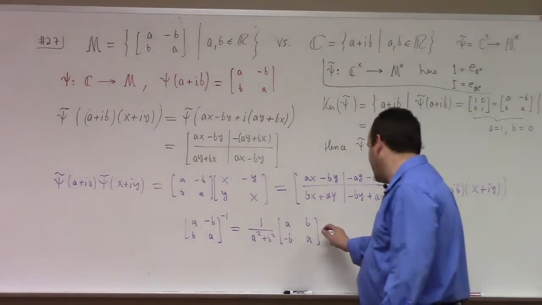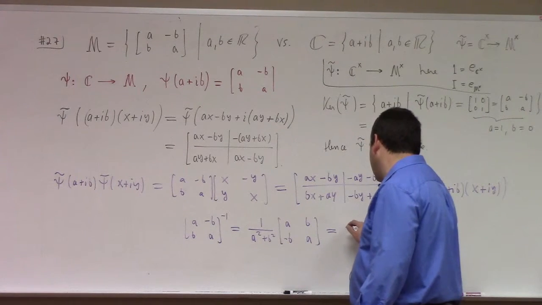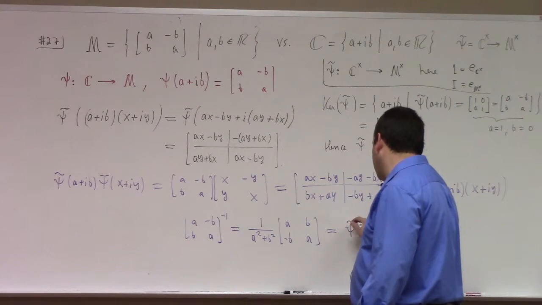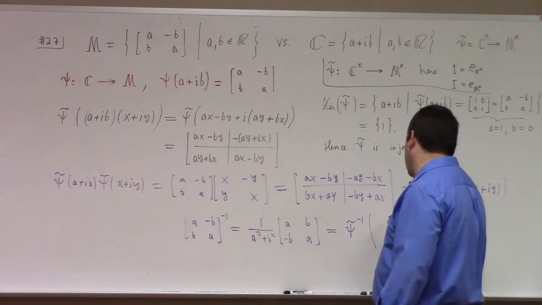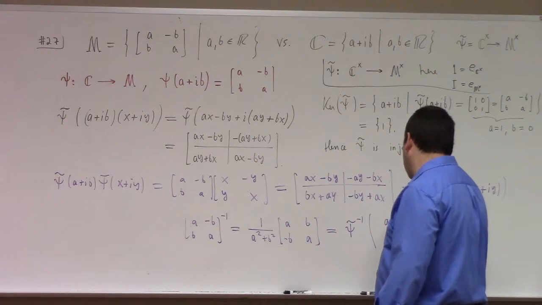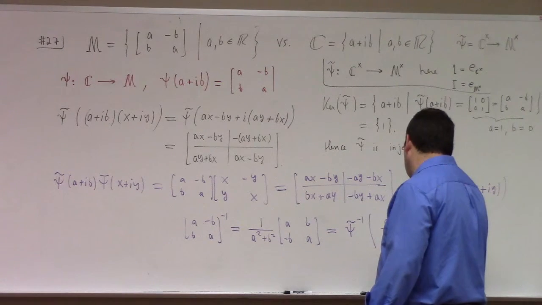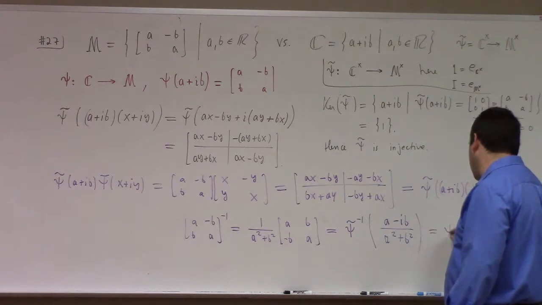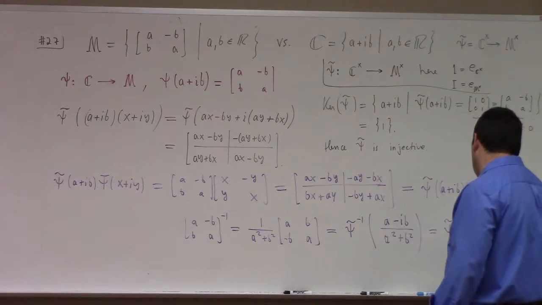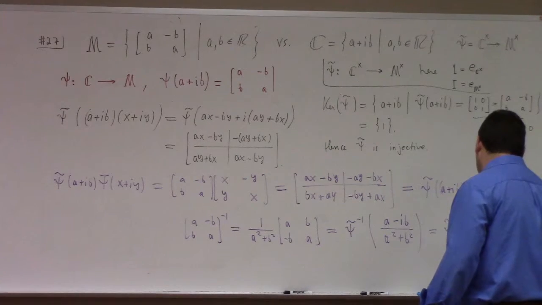This is the image of what complex number? It's the image of a minus ib over a squared plus b squared, which you might recognize, if you're fresh on your complex arithmetic, as 1 over a plus ib.